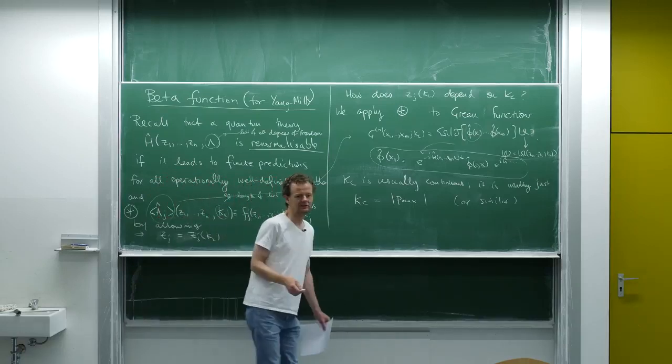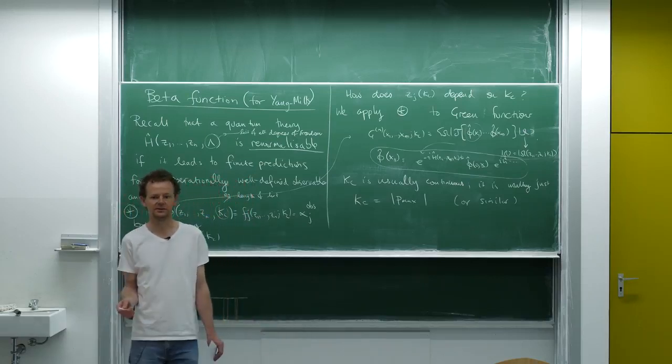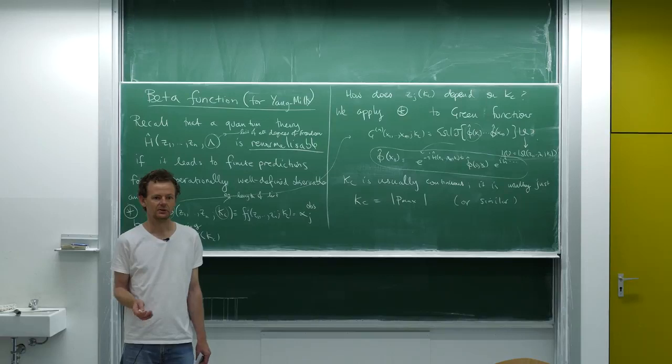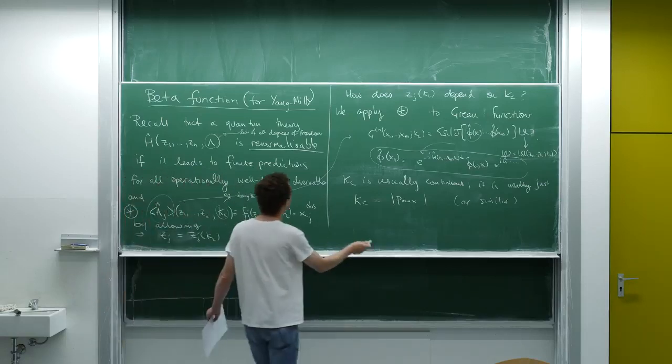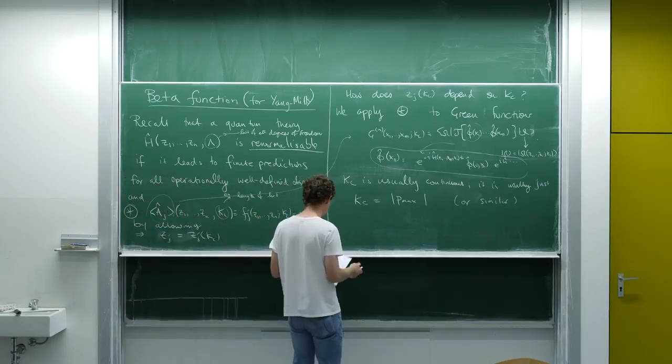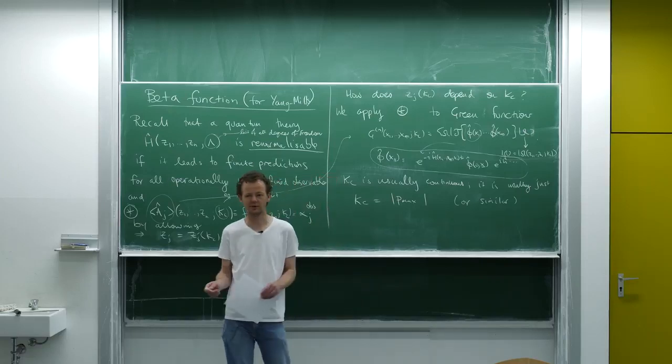Now, when you see something continuous, it's a good thing in physics, almost always, to imagine changing it a little bit. And when you change something by a little bit, then you can usually differentiate. And differentiation is a good and easy thing. This is the general moral of things that depend on continuous parameters.